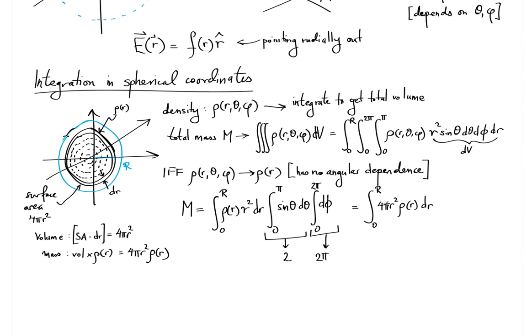So to get the total mass, we sum over the volume of each one of these little shells, and we go from the innermost shell at 0 to the outermost shell that has a radius r. So that's integration in spherical coordinates. That's basically what you're going to need to know. There's a more general form up here. We basically won't encounter that too much in this class because most of the configurations we have will have perfect spherical symmetry. So the charge densities won't have any dependence on theta and phi.